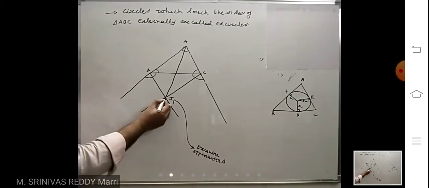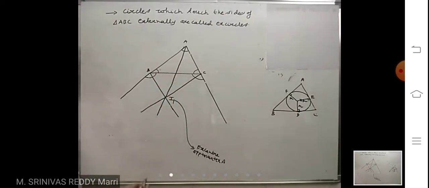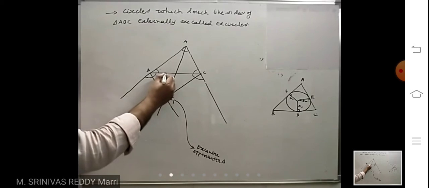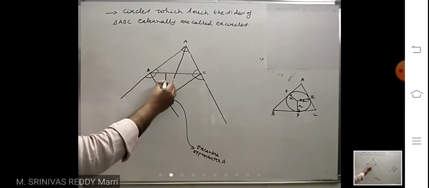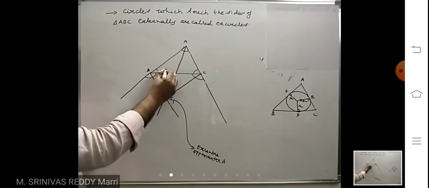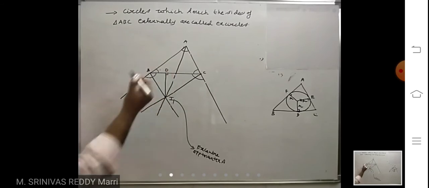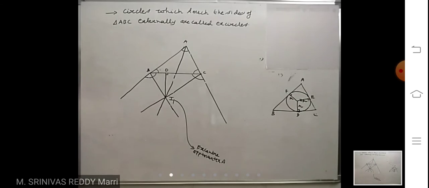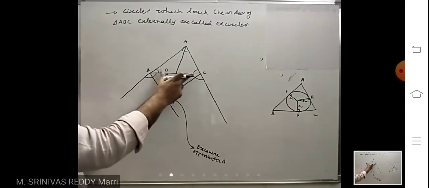Now this point will again be equidistant from all the sides. From I1 I am dropping a perpendicular. Let us say this is D, on BC.